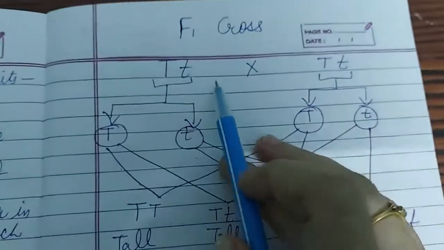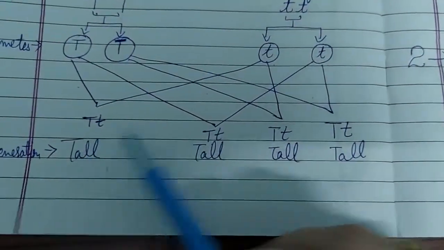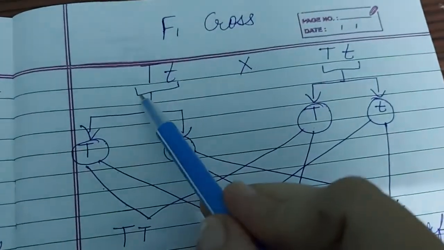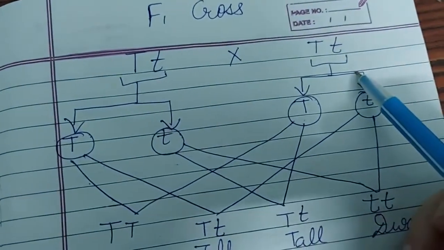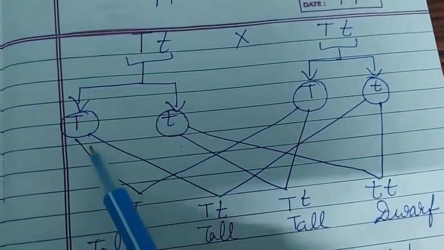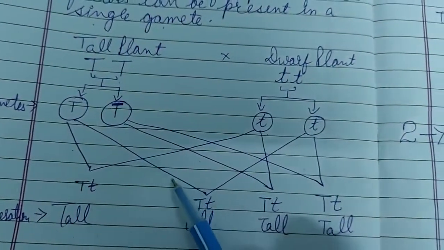So when F1 cross will be there, what is F1 cross? The cross between the F1 generation. We have taken 2 genes from the F1 generation and now we will cross them. So this is capital T and small t, and this is also capital T and small t. Here we can see the gamete formation is different from our parent cross.